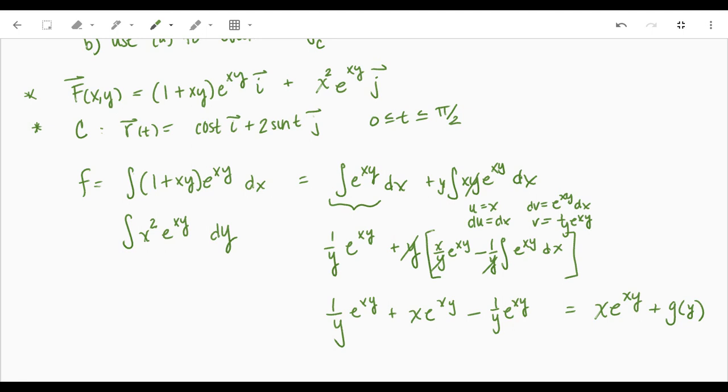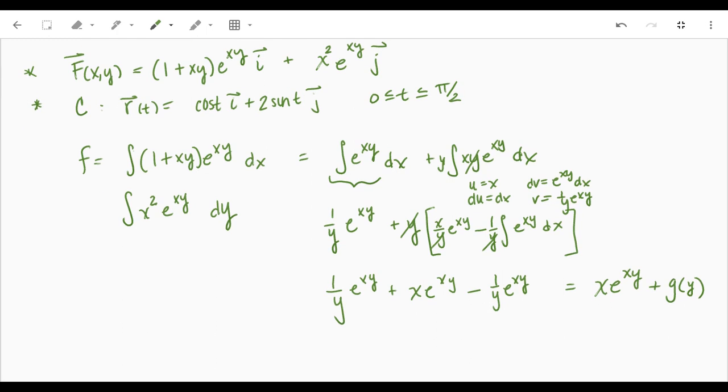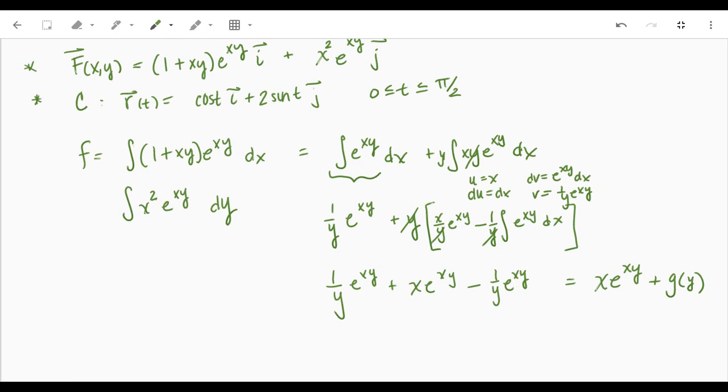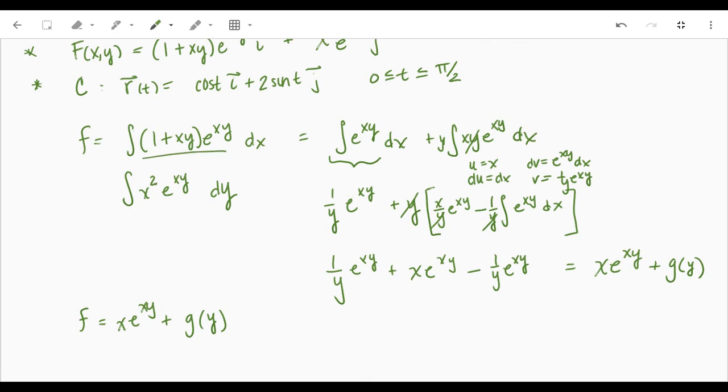Now, I don't want to integrate the second one. It's integration by parts twice, and I already did it by parts once. So I'm going to use that second method where f is x e to the xy plus g of y. I already know that the partial of that with respect to x will get me back to my first expression.